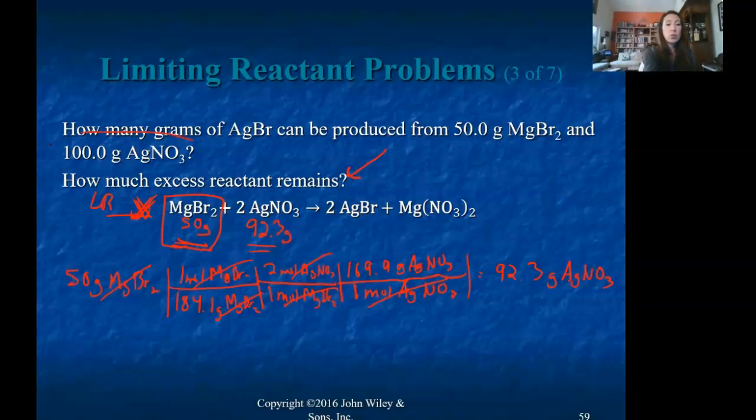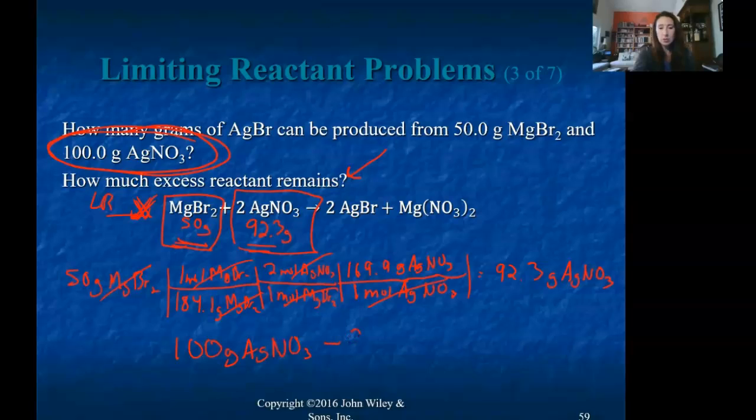But we started with 100 grams of AgNO3, right? That's how much was in there, but we didn't use all 100. We only used 92.3. So if we started with 100 grams of AgNO3 and we used 92.3 grams in the reaction, we have 7.7 grams of AgNO3 left over, right?